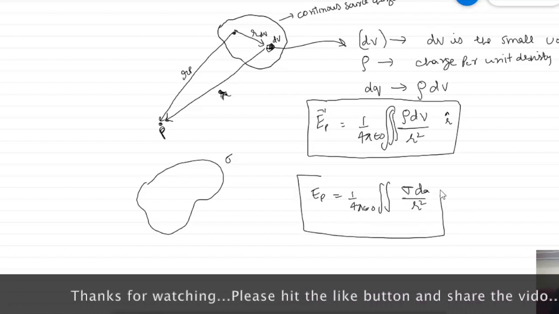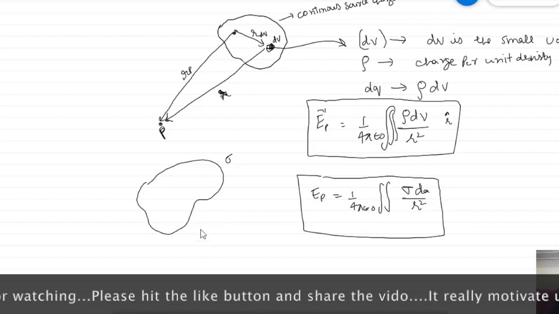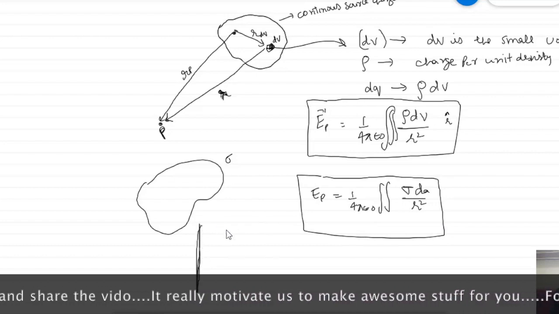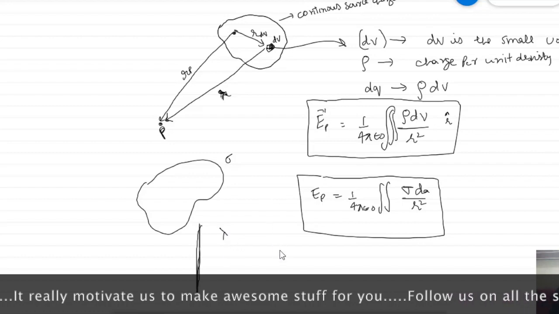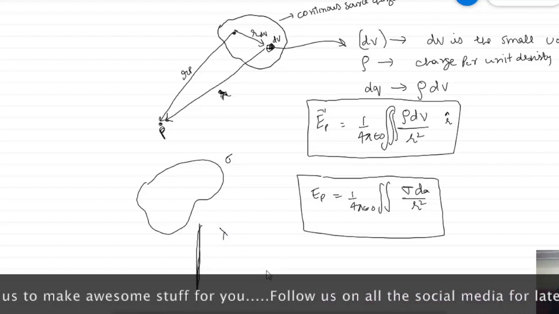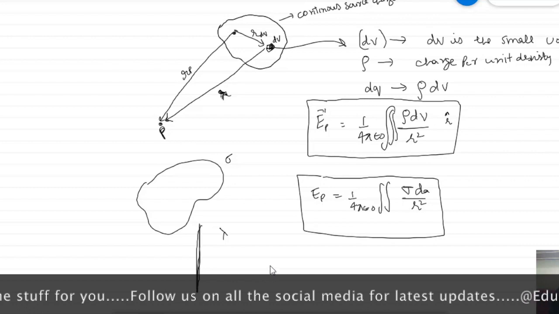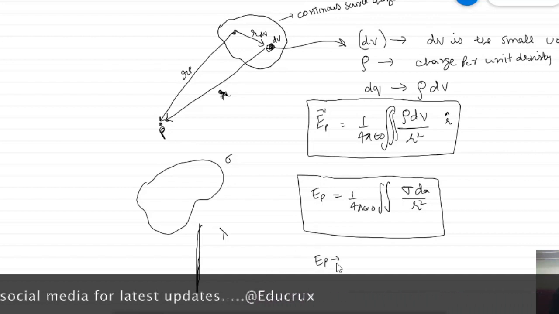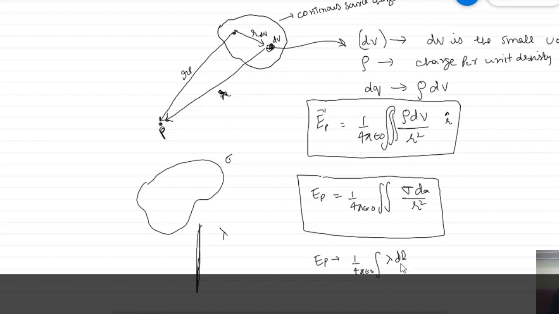And if my source charge distribution is along a line, then I have lambda, the linear charge density, which describes how the charge is distributed along a line. In that case my field will be 1 by 4 pi epsilon naught, integral of lambda dl upon r square, along r cap.